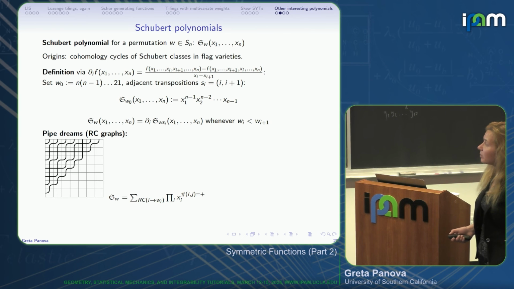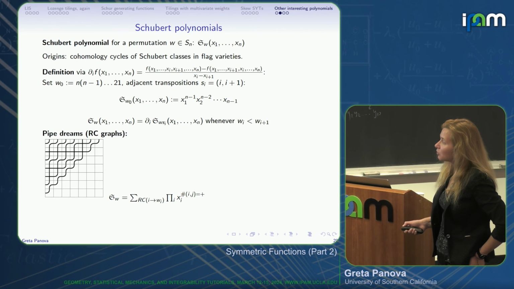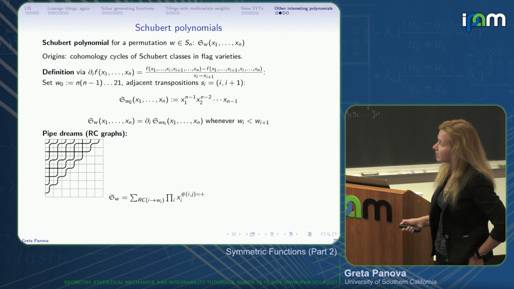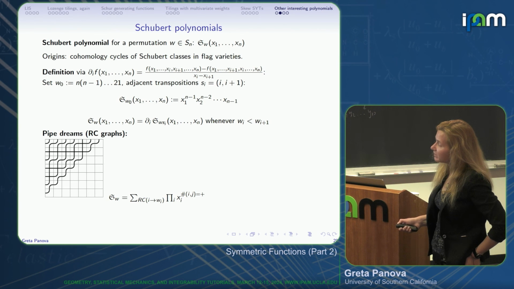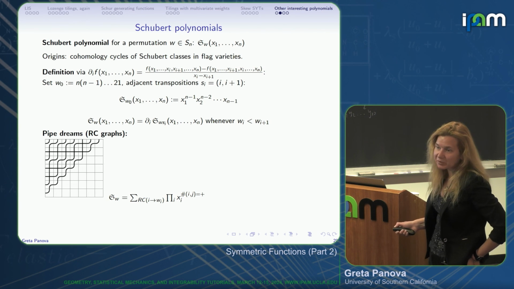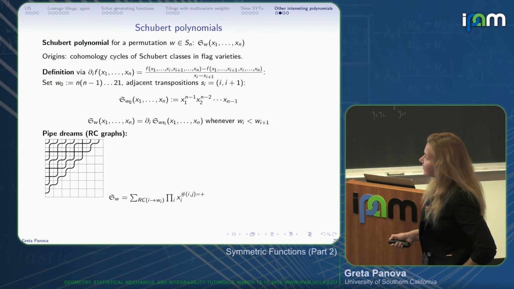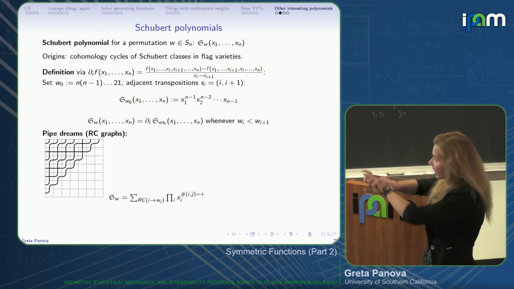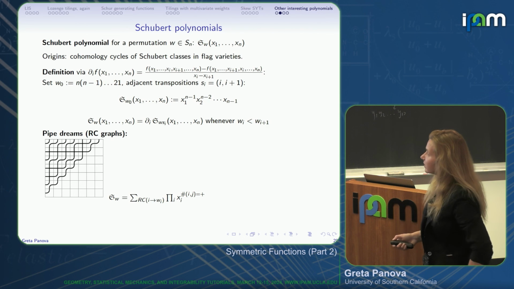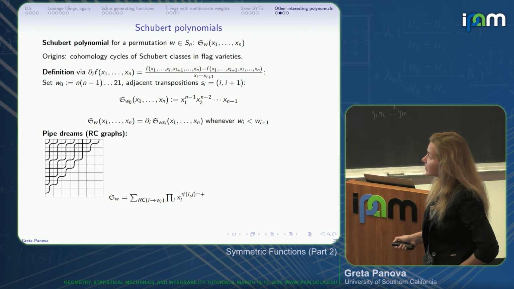And then there is a combinatorial formula that goes over these guys. These are called pipe dreams or RC graphs. Pipe dreams, there is a computer game from 30 years ago. So it's basically a tiling of this upper triangle with tiles that are either elbows or crosses. And the condition is non-local.